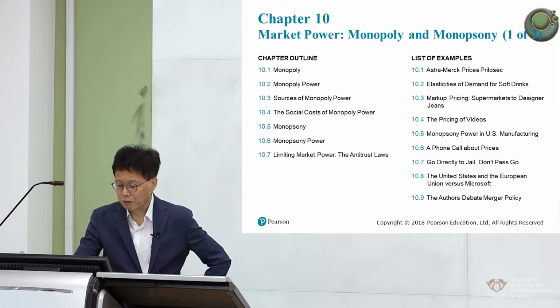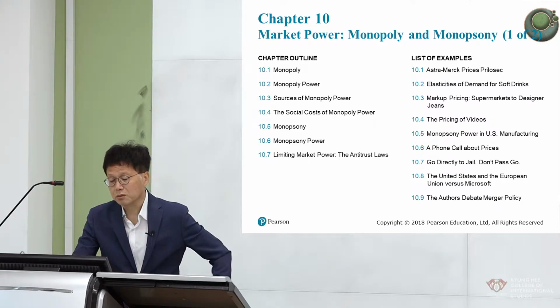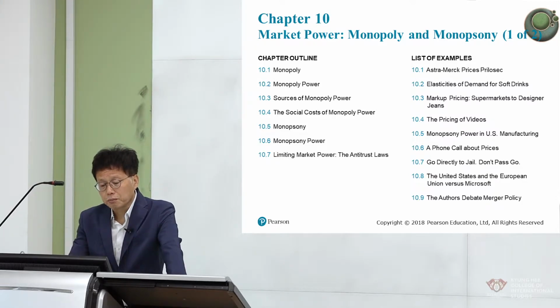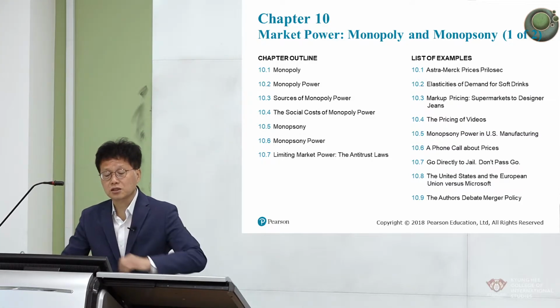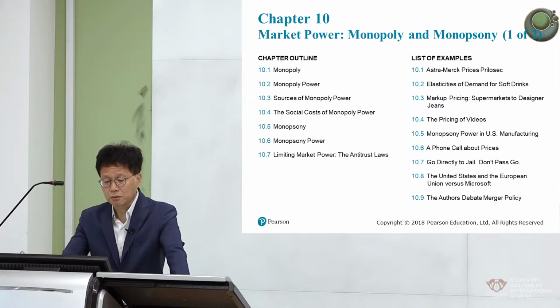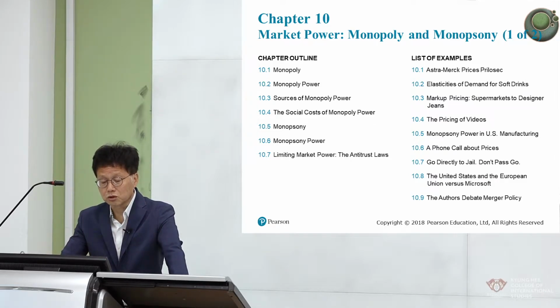Then sources of monopoly power, the social cost of monopoly power, and monopsony. Monopsony means some purchasers have power. There are lots of suppliers, for example, but only one consumer demanding everything. In that case purchasers have monopsony power.